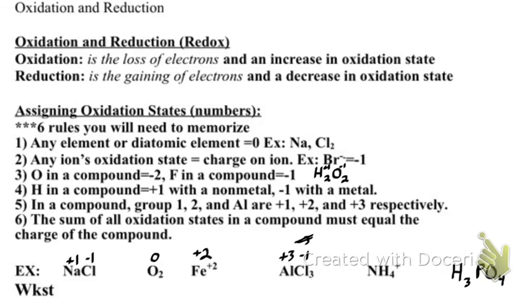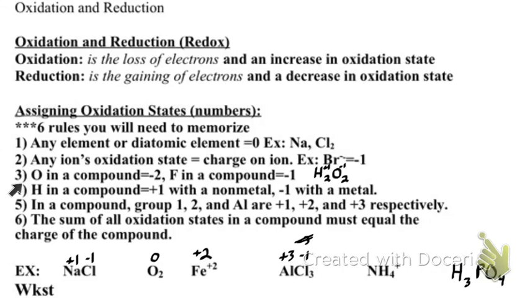Alright, next we come to a charged compound. So this is NH4+. NH4+ is one of our polyatomic ions. It's ammonium. So, as I look through the rules, it's not an element on its own. It is an ion, but because oxidation states are always assigned to individual elements, the fact that it's a polyatomic ion doesn't really matter.